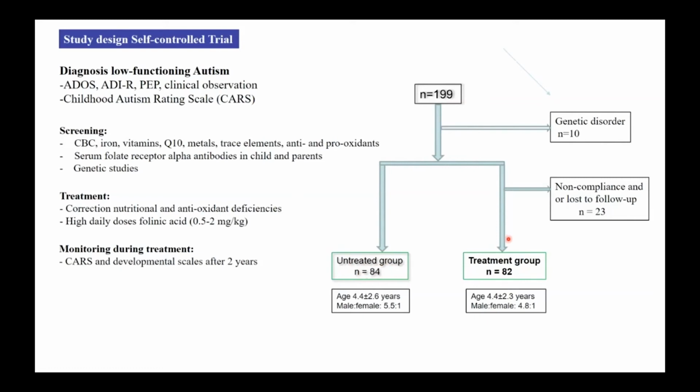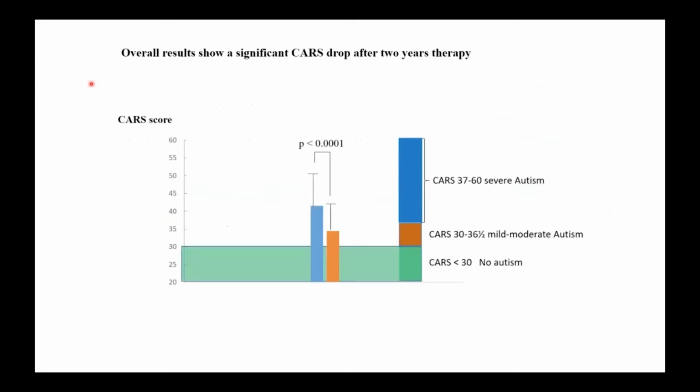We then monitored these children and assessed them with the childhood autism rating scale and developmental test after 2 years. Here you see the childhood autism rating scale. The higher the score, the more severe is autism. Below 30, there's no autism. Between 30 and 36, it's mild to moderate, and above 37, it's severe autism.